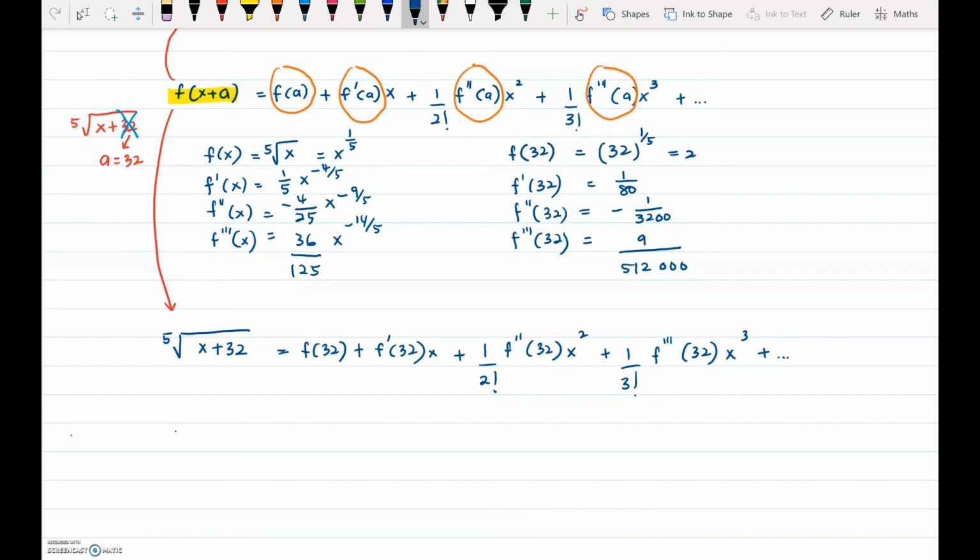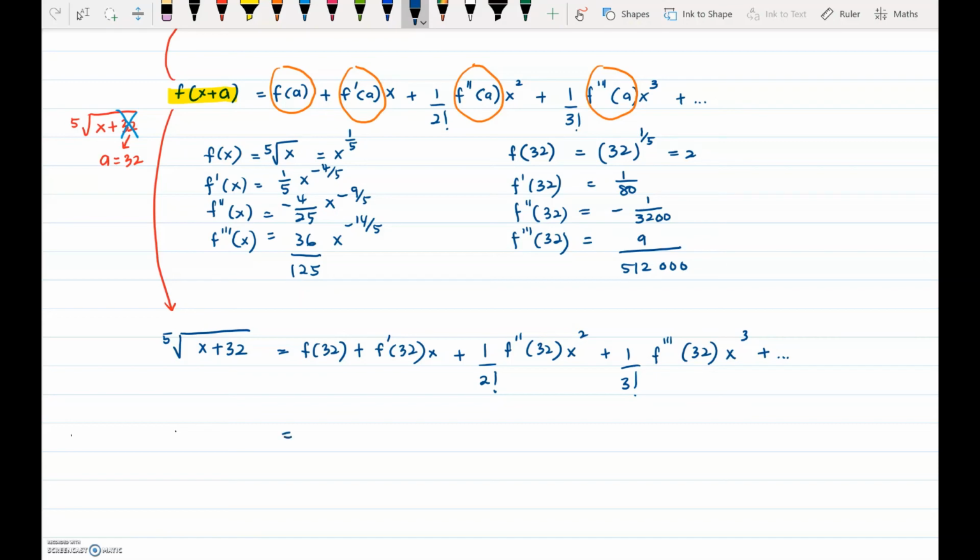Okay, so if you compare with the previous examples, it is quite similar, but with a different type of series. Meaning, the first one I use the series of f(x). So for this one, we use the series of f(x plus a). Okay, all right, continue, substitute the value.